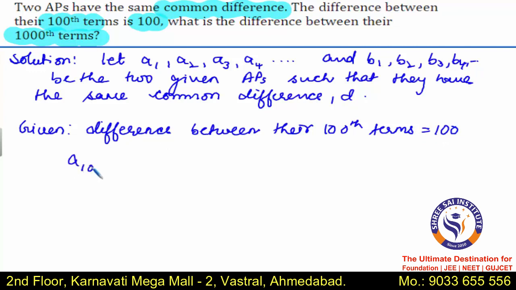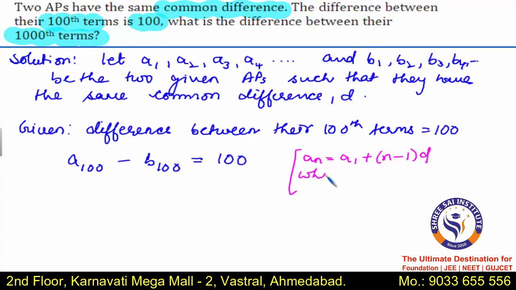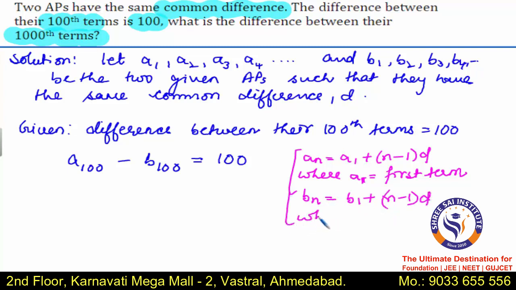That is, the 100th term of the first AP minus the 100th term of the second AP is equal to 100. Now we know that nth term of an AP is given by A1 plus n minus 1 into D, where A1 is the first term, and the nth term of the second AP is given by B1 plus n minus 1 into D, where B1 is the first term.